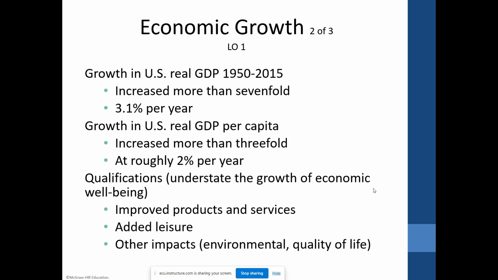They also do not consider that growth has occurred at the same time that there has been an increase in the amount of leisure time, so economic well-being is even further understated. The numbers fail to account for any environmental or quality of life impacts as well.